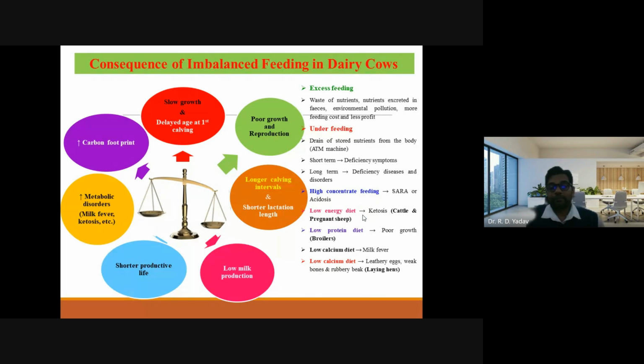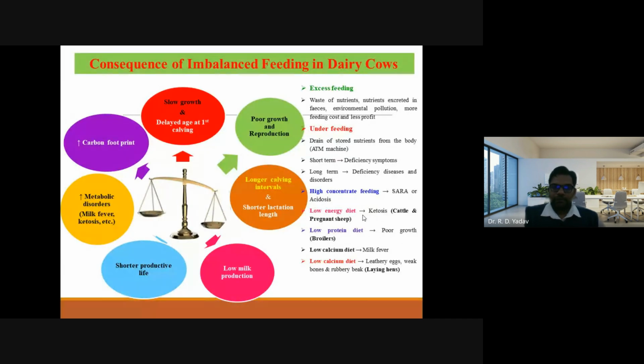For example, in case of cattle, we consider around 300 days of lactation, but if we imbalance the diet, the cows become dry earlier, and there is an increase of metabolic disorders like milk fever, ketosis, and ROP. So many metabolic disorders are there, and an increased carbon footprint also.